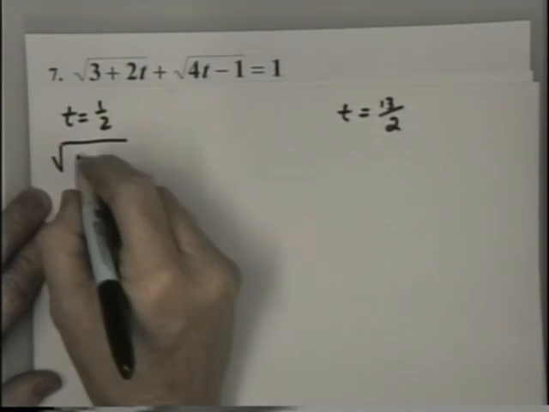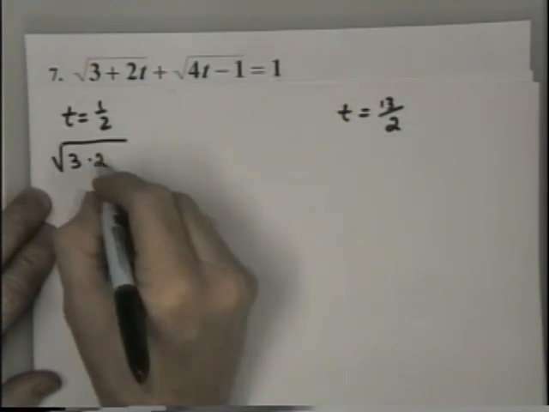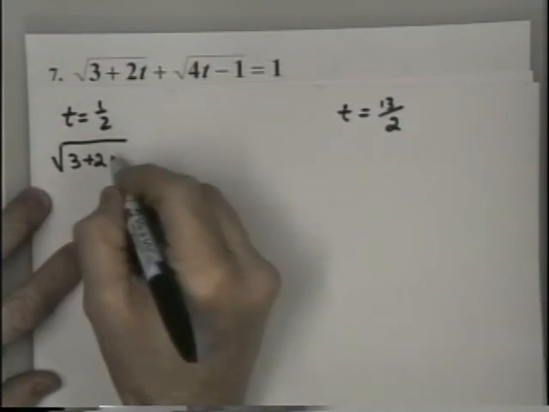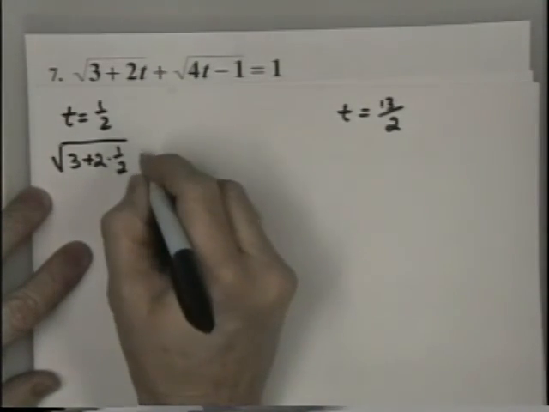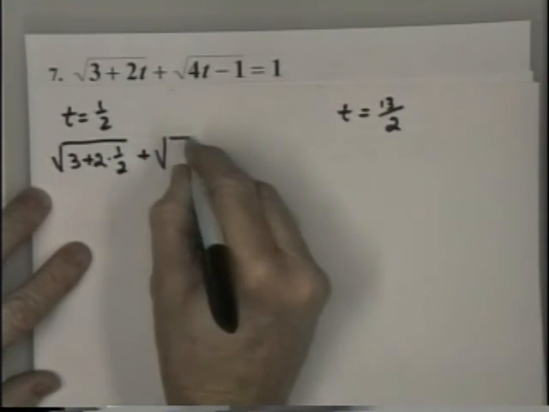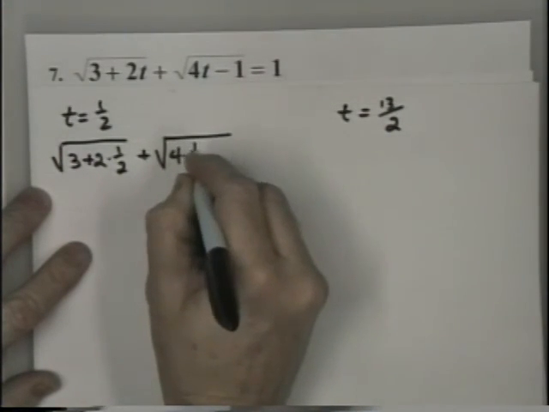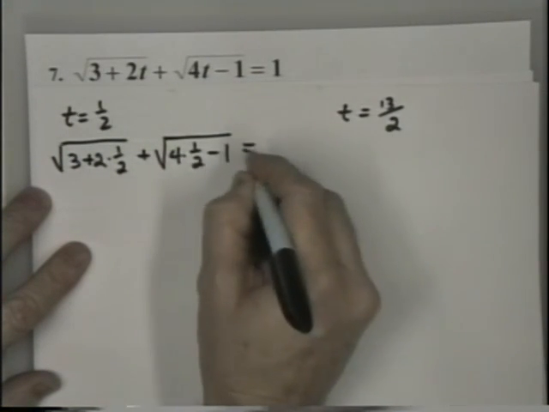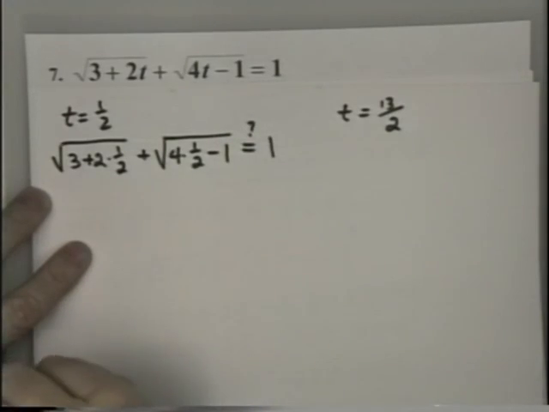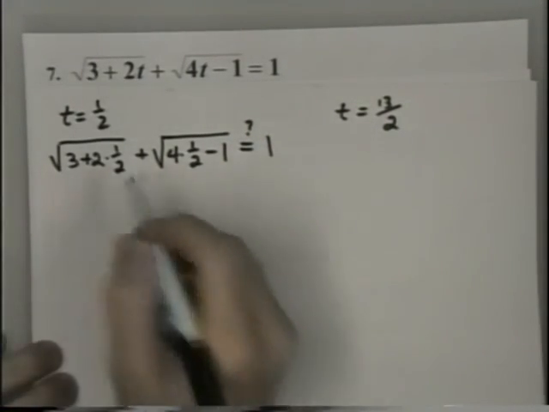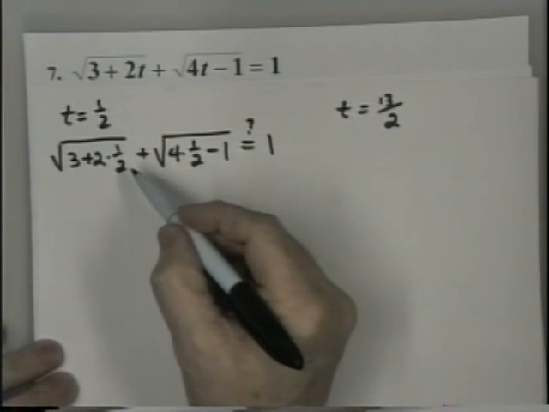All right, so square root of 3 plus 2 times 1/2 plus the square root of 4 times 1/2 minus 1. Is that equal to 1? Let's just go ahead and do this one, and then we'll check the other.